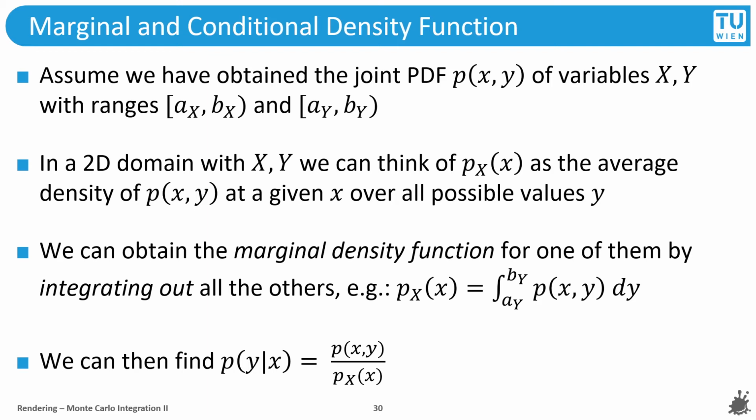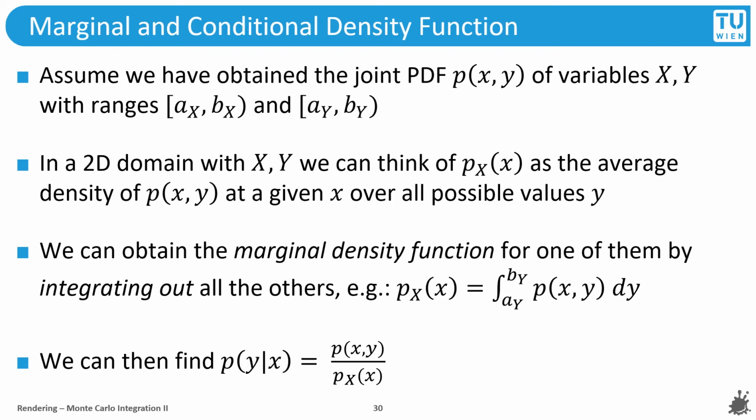So for example, if out of all possible combinations of x and y, we have a 50% chance of seeing x equals 1, then the marginal density function for x based on p of x and y will be 0.5 for x equals 1. You can also see a variable x's marginal PDF as the function that tells you the average density at a given value of x over the entire range of the other variable.